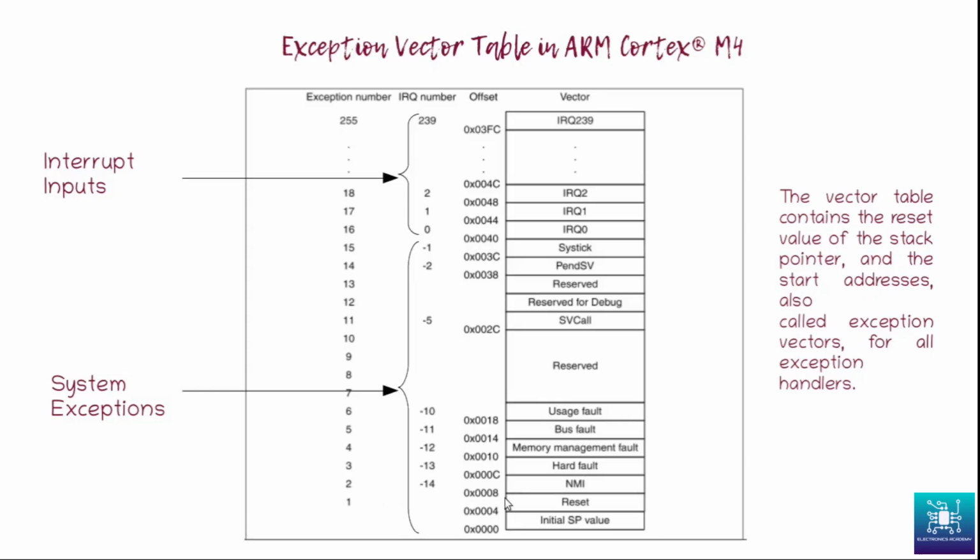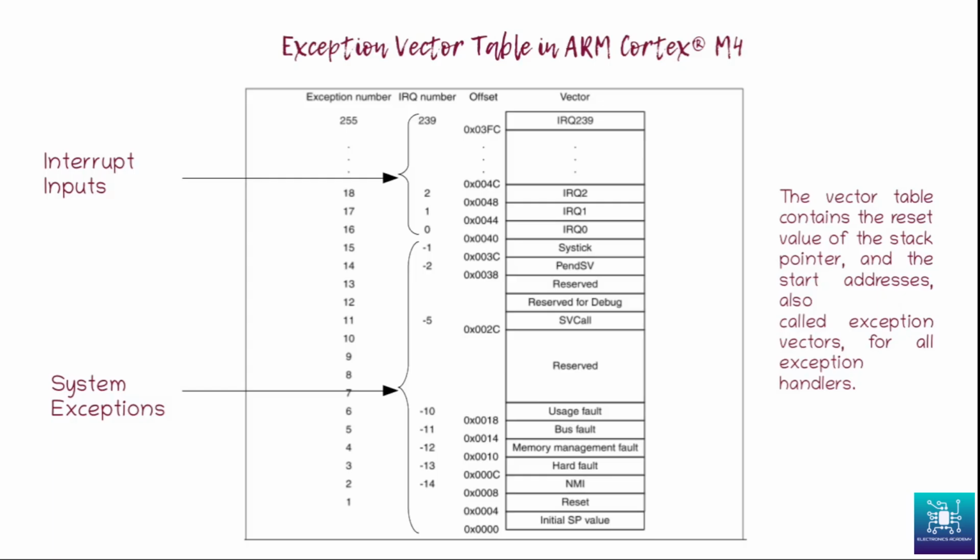Another thing, NMI, the top few interrupts don't have configurable priority, which we shall see shortly. We will go through the interrupts that are supported by our board, that is the STM32F411XC board.